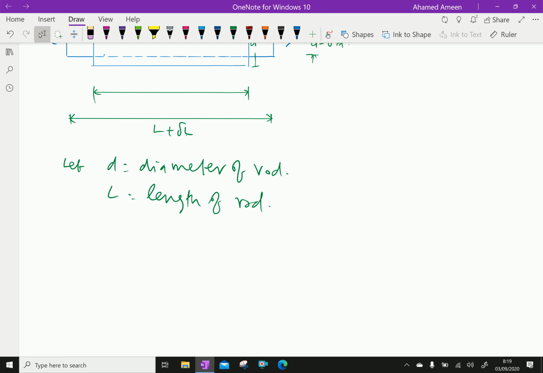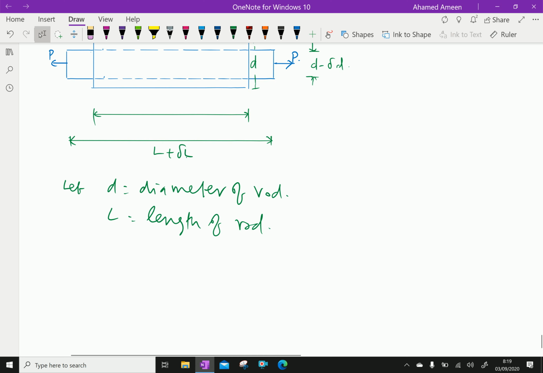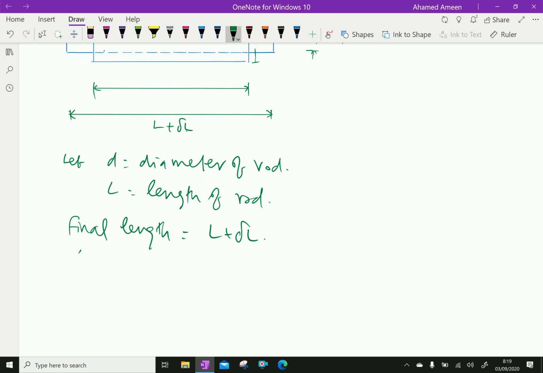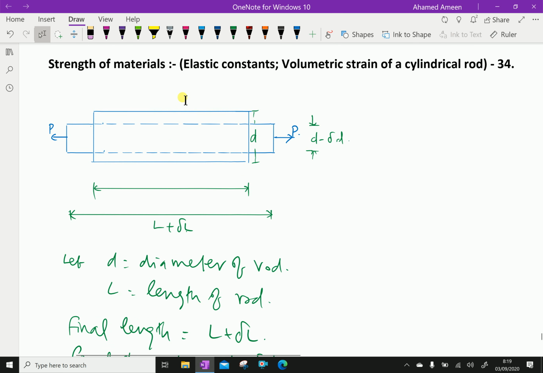Due to application of the axial load P, the final length after application of load equals L plus delta L, and the final diameter is d minus delta d, because while pulling this side, there is a compressive force perpendicular to the axis.